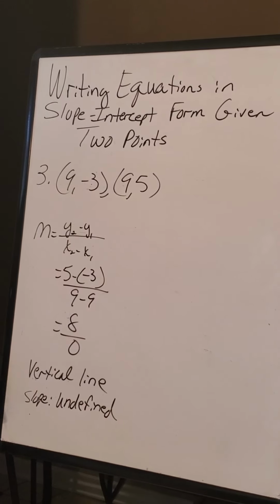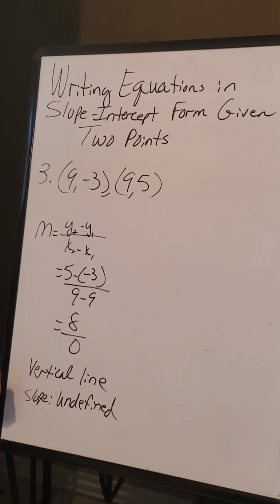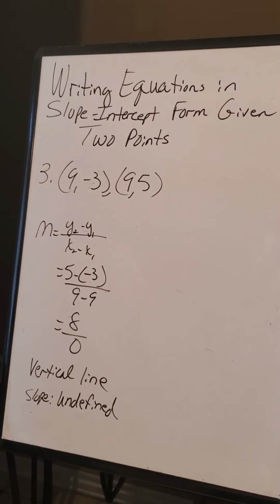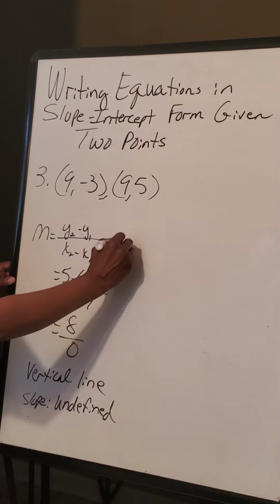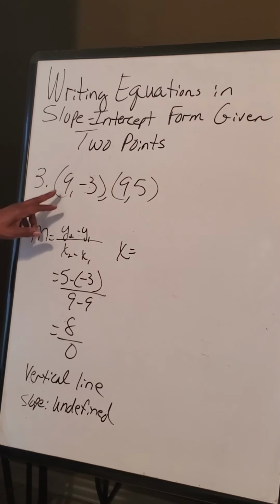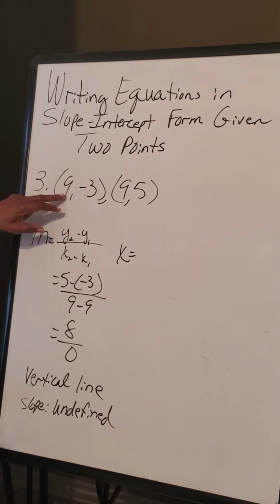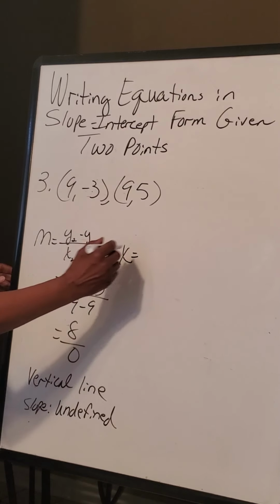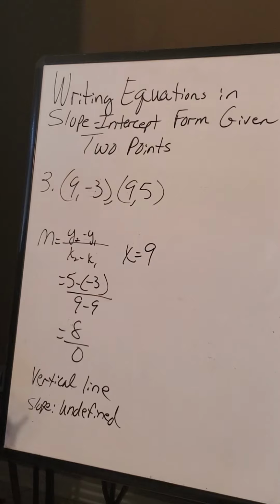You have also been taught how to write the equation of a line if it is a vertical line. If it's a vertical line, it's going to say x is equal to a number. And if you notice in these ordered pairs, my x coordinates are exactly the same, so the equation for this line is x is equal to 9.